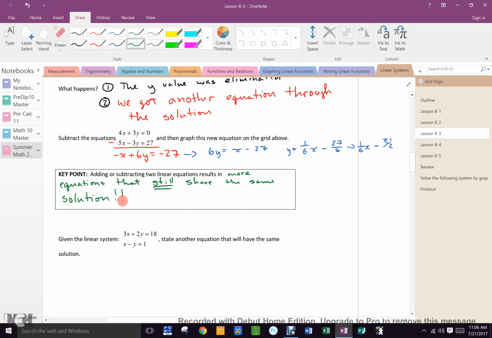So I can multiply them, I can divide them, I can multiply or divide each equation by all the same thing. I can add them together, I can subtract them from each other, but the solutions will all stay the same. Okay? David, what were you going to ask me?